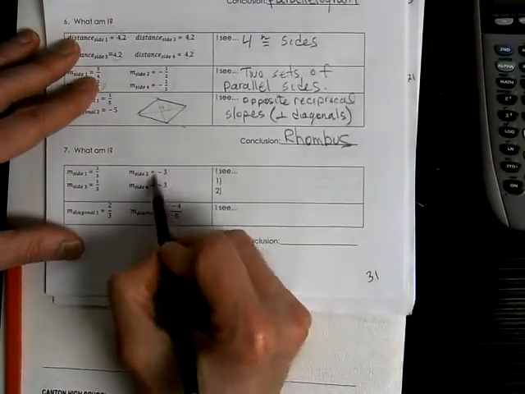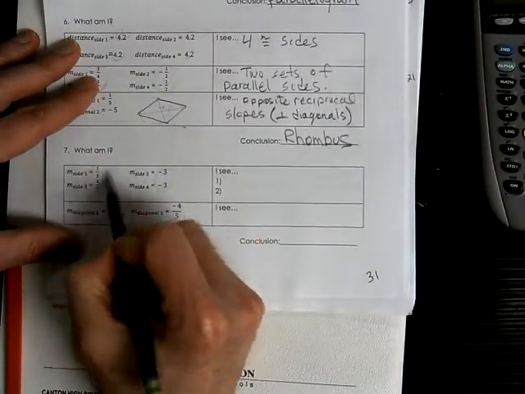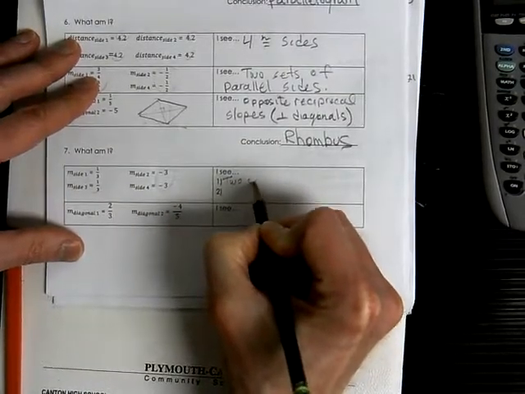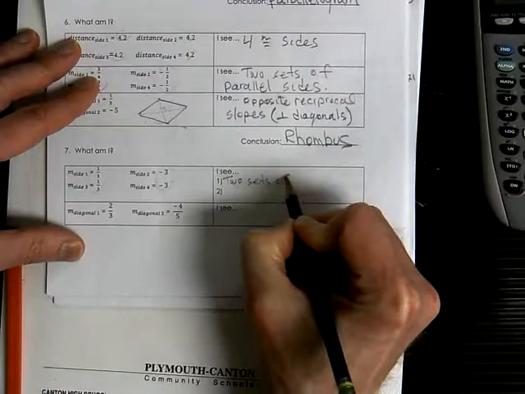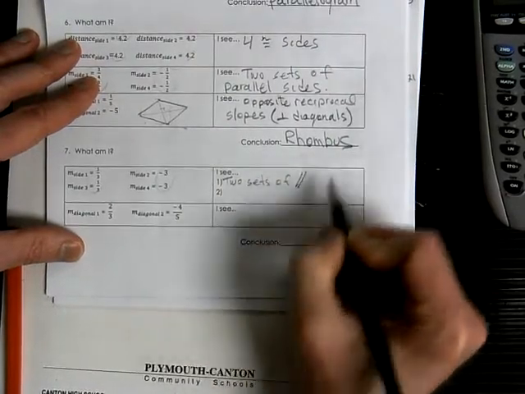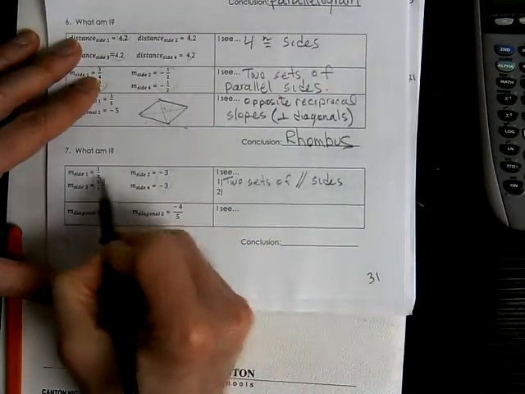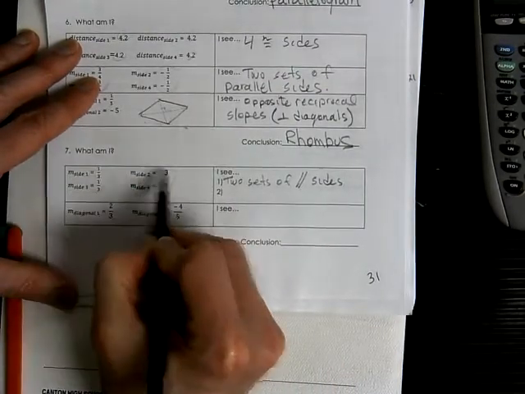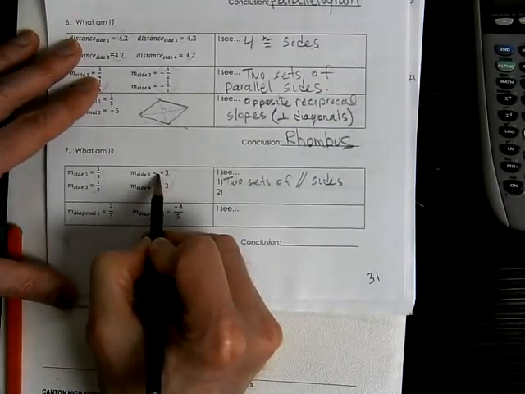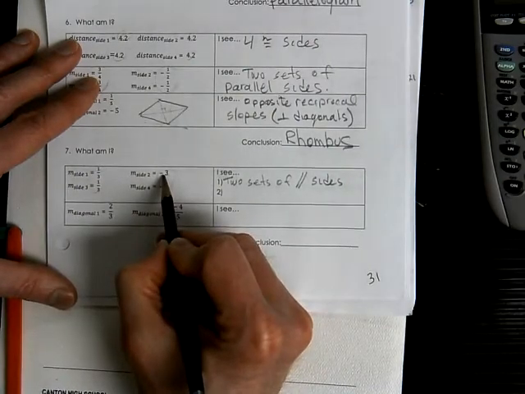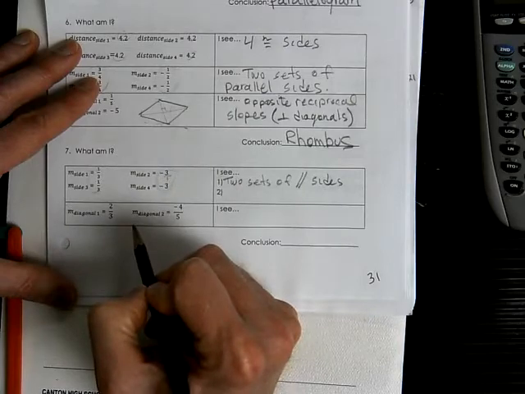So what I see here, I see 2 sets of parallel sides. I also see opposite reciprocals. 1/3, and you flip that upside down, we get 3 over 1.